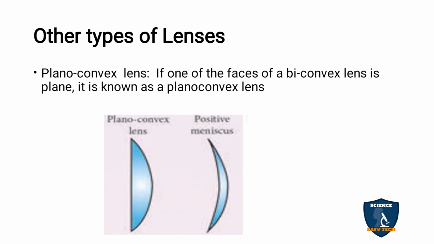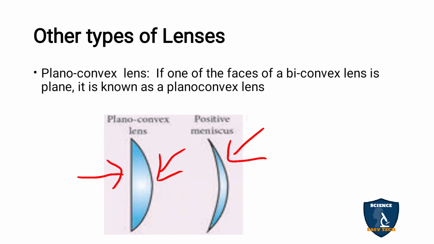Other types of lenses are also there. Plano-convex lens: the convex lens is plane on one side and spherical on the other side, so it is called a plano-convex lens. In the picture, you can see the positive meniscus.